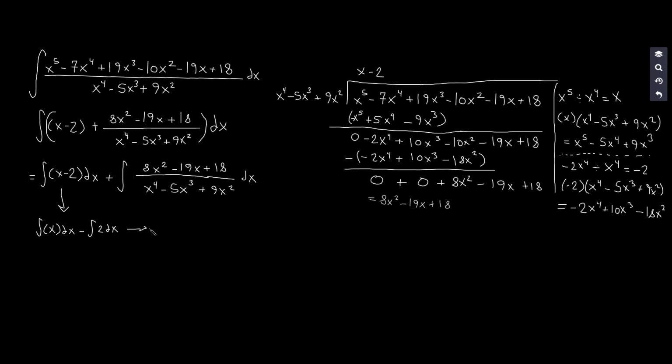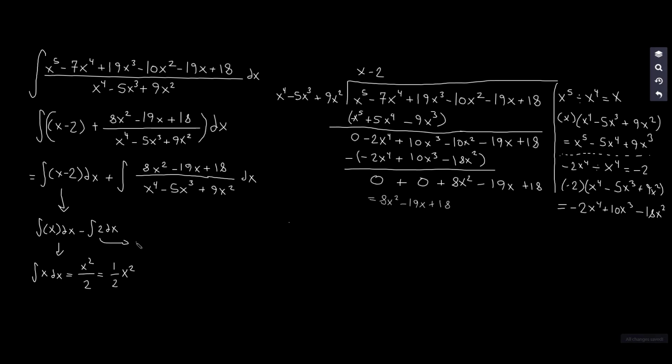For this one here, I'll work along this vertically, just because for some reason that's what makes sense in my brain. But this is going to be a power rule situation. So the integral of x with respect to x equals x raised to the second over 2, which is the same thing as 1/2 x squared.